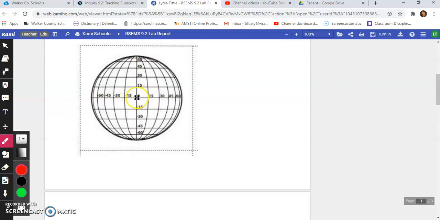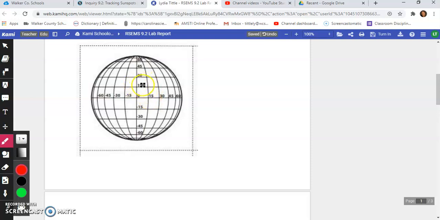So just like on a coordinate plane in math class, right here at 0, that's kind of the starting point. So you would look at each of your A spots and you would find out what longitude they are. Like if they were along this line right here, we would say they were on 15 degrees.